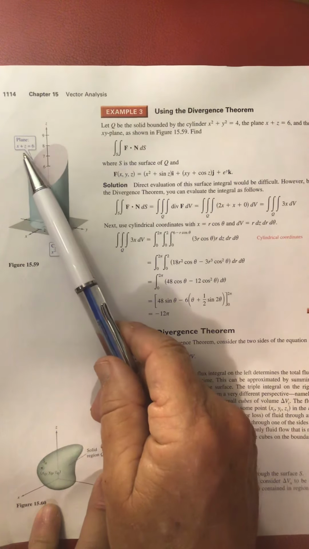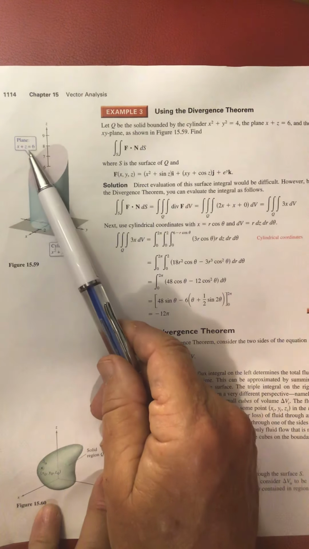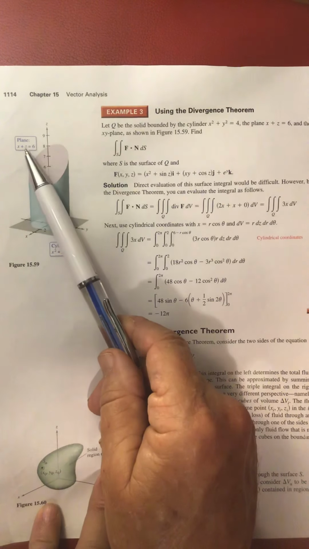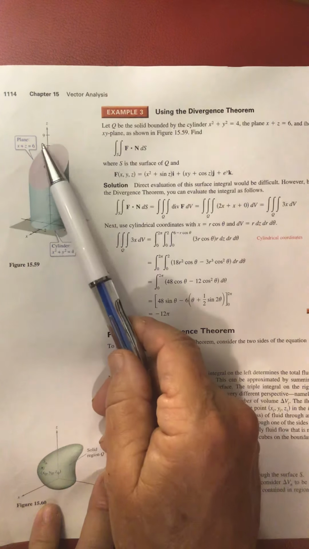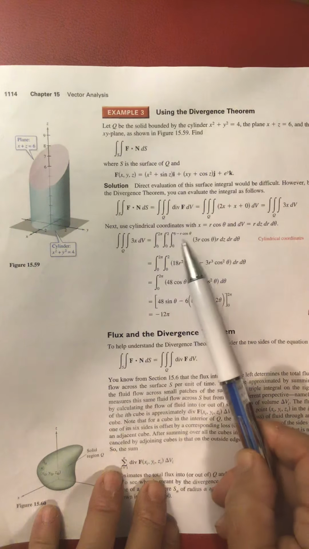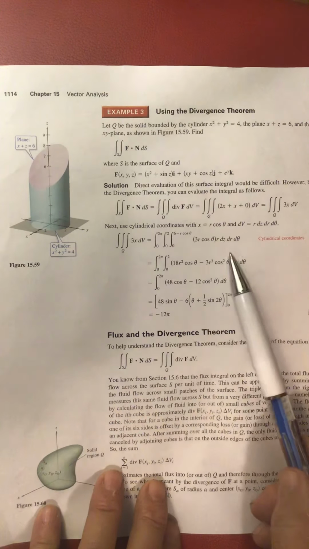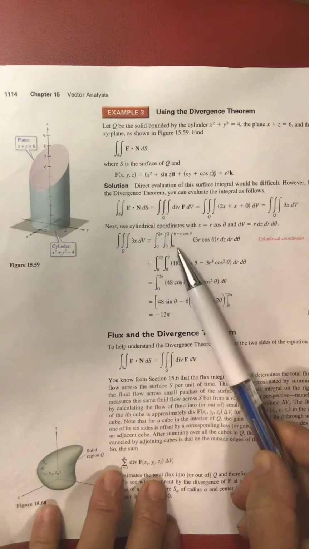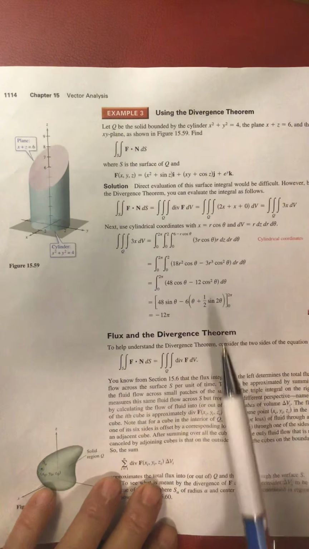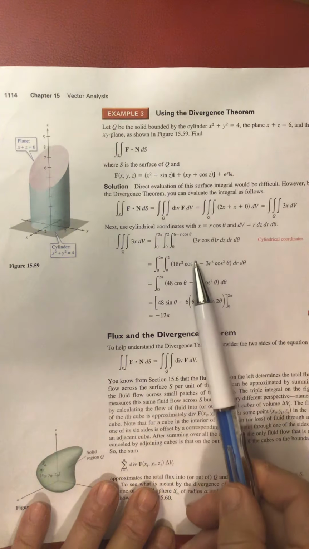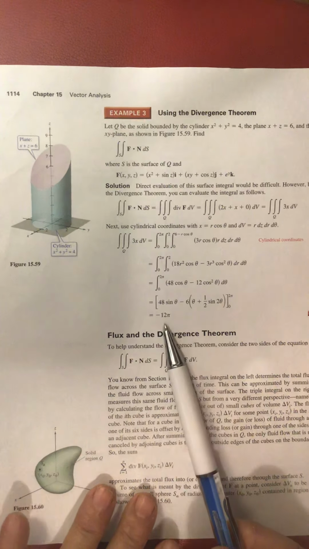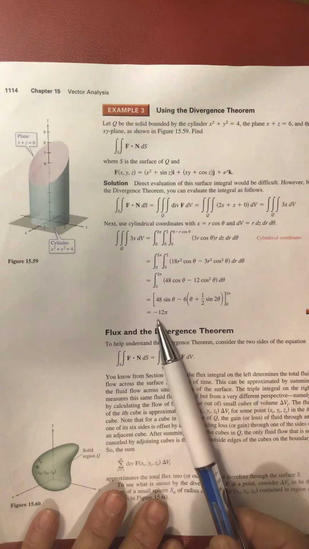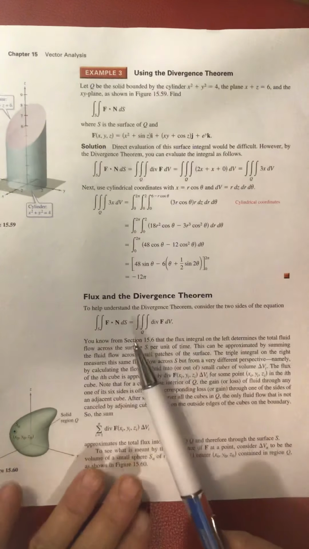So we've got r cosine theta, r sine theta, we've got z equals 6 minus x, which is 6 minus r cosine theta. R is our radius of our circle down here, so that's 0 to 2, and we're going all the way around from 0 to 2 pi. And so the divergence theorem makes this quite easy to do.